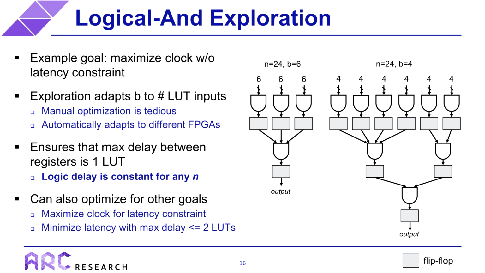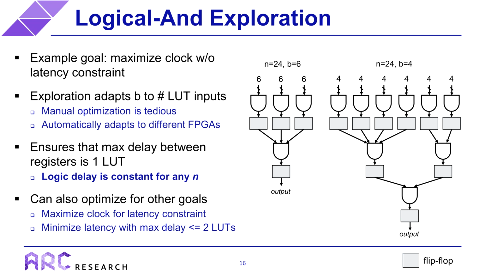Now this is a huge optimization because it means that the logic delay is now constant for any number of inputs. So a 4-bit AND and a 64-bit AND will have the same delay between registers.